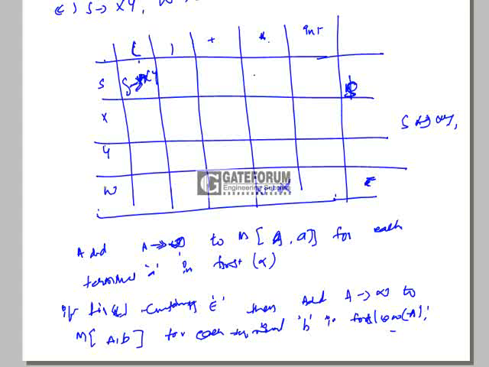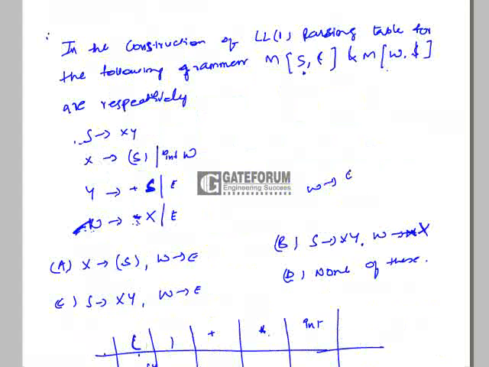So now let us consider W gives epsilon. Here first of epsilon is epsilon. So we have to find follow of W, and these productions will be coming below the symbols which come under follow of W. Follow of W is first of follow of X. Follow of X is nothing but first of Y. First of Y is plus.